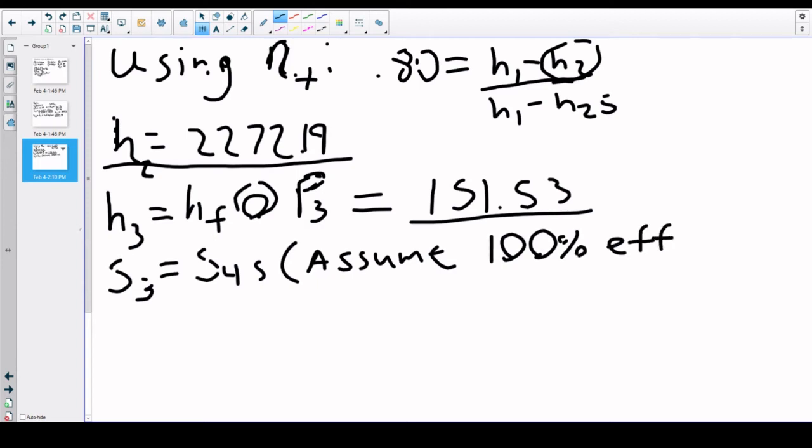And so using the perfect pump equation, H4S is equal to H3 plus the specific volume of 3 times the change in pressure from P4 to P3.